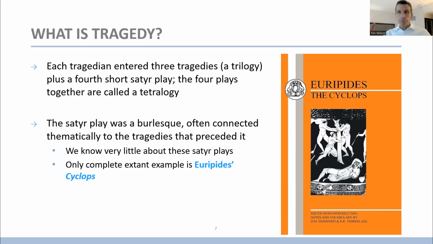So the 4 plays together would be called a tetralogy. The satyr play seems to have been a burlesque, often connected thematically to the tragedies that preceded it, but we know very little about these plays. We have only one complete copy surviving, and that's Euripides' Cyclops.